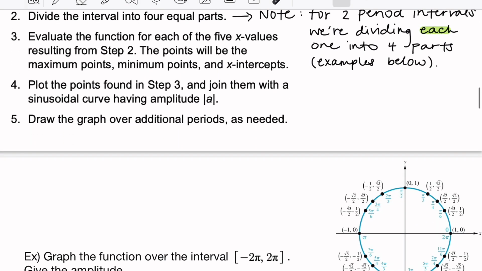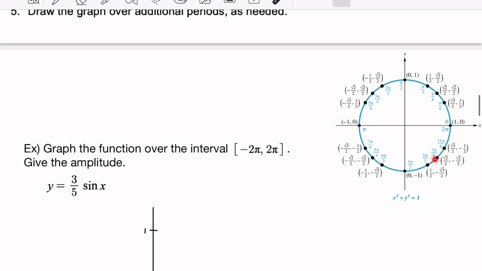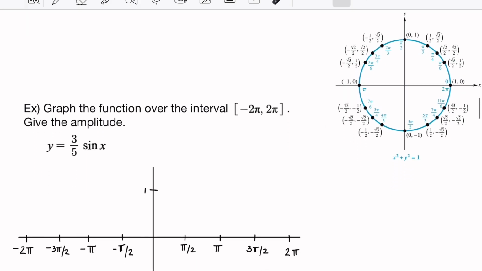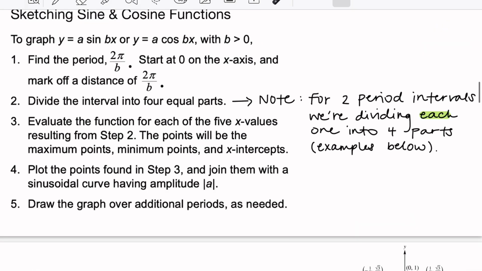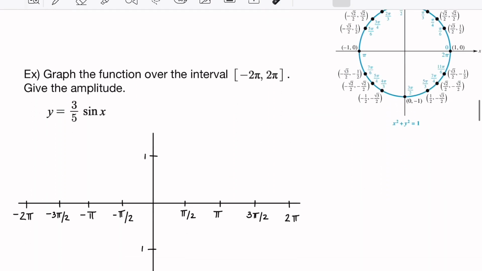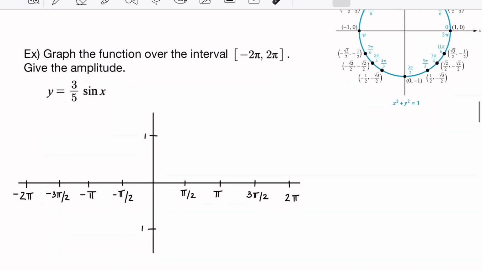So let's look at an example here, and we're going to use the unit circle to tell us the values of our function when we found our x values in step 2 here. Looking at this example here, we want to graph the function over this interval here. So this is going to be a 2-period interval.